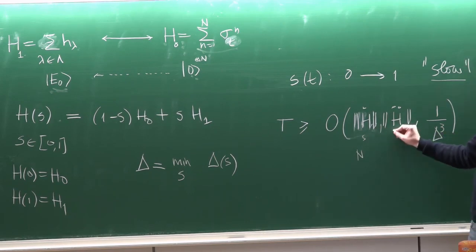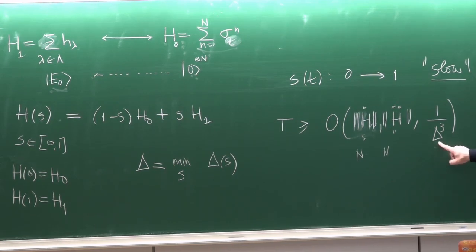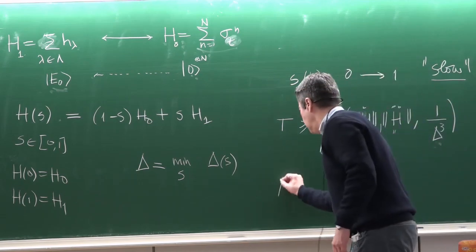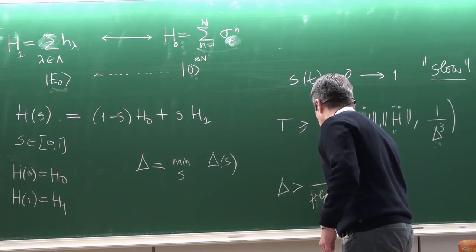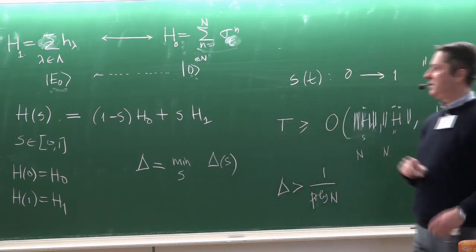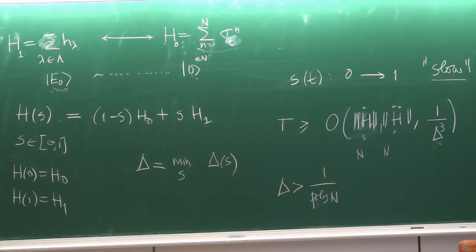So it scales something like n, and like 1 divided by the gap to the cube. And therefore, as long as the gap decreases at most as poly n, so if delta is larger than 1 divided by poly n, then this time for the adiabatic algorithm will be polynomial.